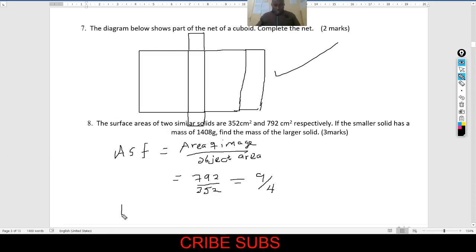To get the linear scale factor from the area scale factor, the linear scale factor equals the square root of the area scale factor, which is the square root of 9/4. This gives you 3/2.